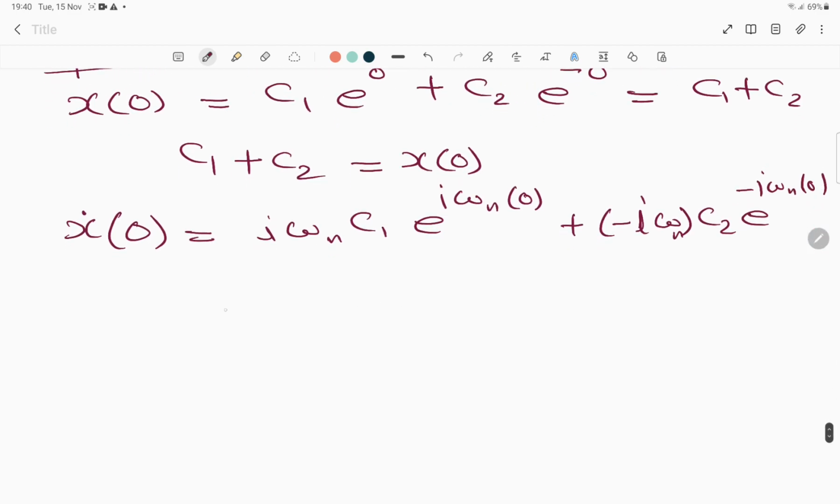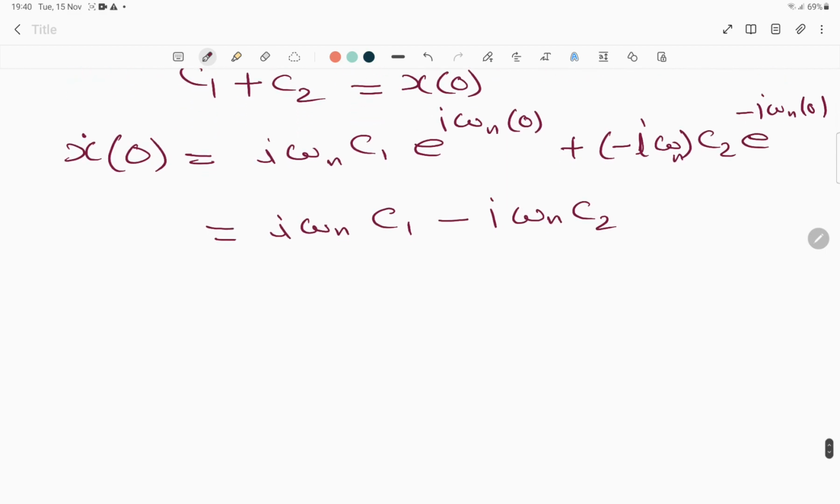Now again you can see what is going to happen: I am going to have this i omega n c1 over here, and this will become 1, and this will become minus i omega n c2 over here. So that is what I have got. So if I write c1 minus c2, that is nothing but x dot 0 divided by i omega n.